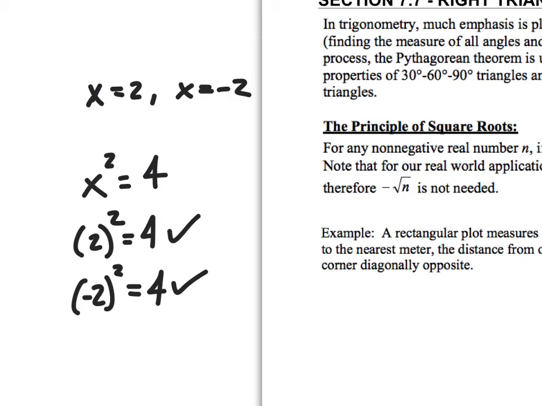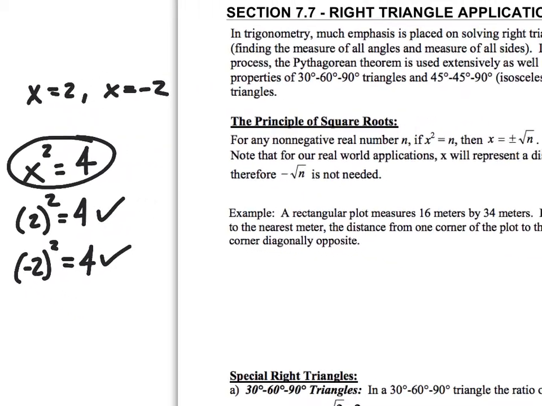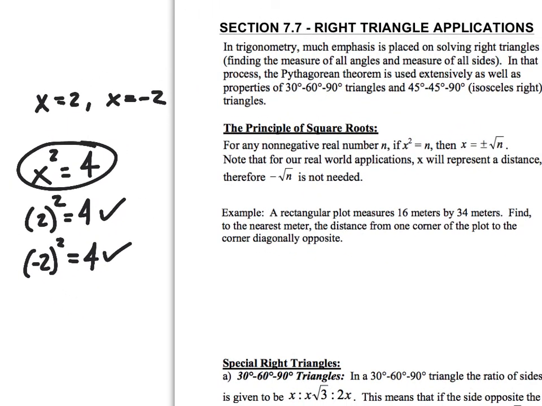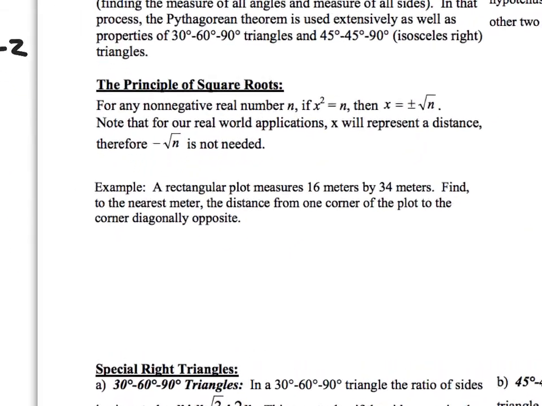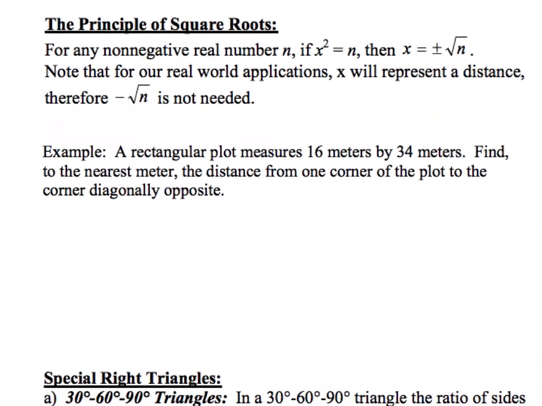So when you solve these equations, it's customary, and we'll do that in the next couple sections, to talk about the fact that you would get both the plus and minus value. But because we're talking about distances, the negative value is not needed. So if we're talking about Pythagorean theorem, we're just going to keep it positive. Because he's my friend, and we don't say mean things. We're going to stay positive with him.